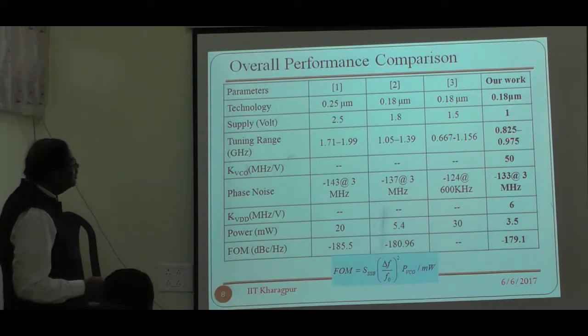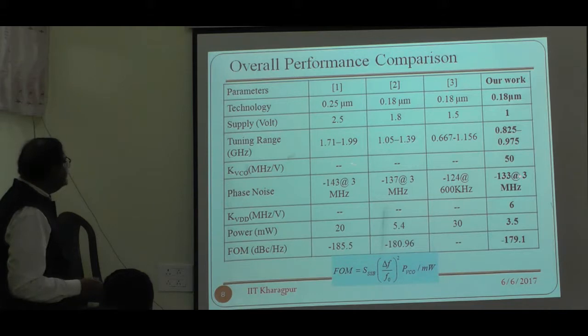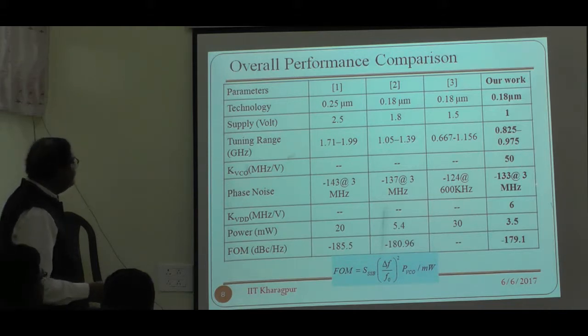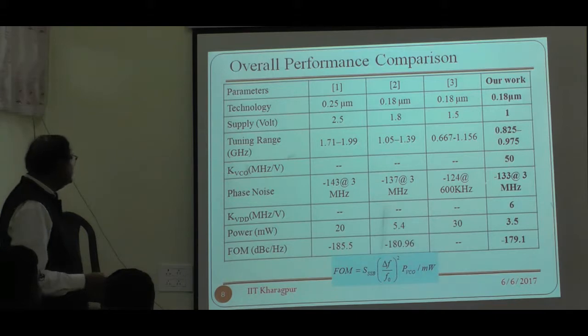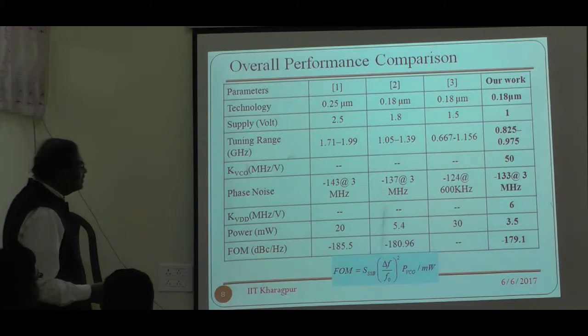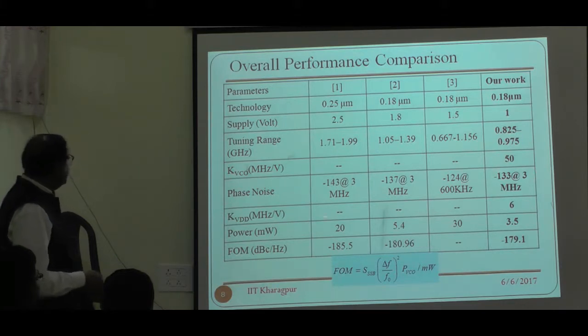That is for a GSM phone, 825 megahertz to 975 megahertz. KVCO is 50 megahertz per volt, so it is quite good. And the phase noise at 3 megahertz is minus 133 dBc/Hz. It requires a lot of improvement because normally minus 120 dBc at 1 megahertz spacing is the most desirable. So you have to improve the phase noise performance.